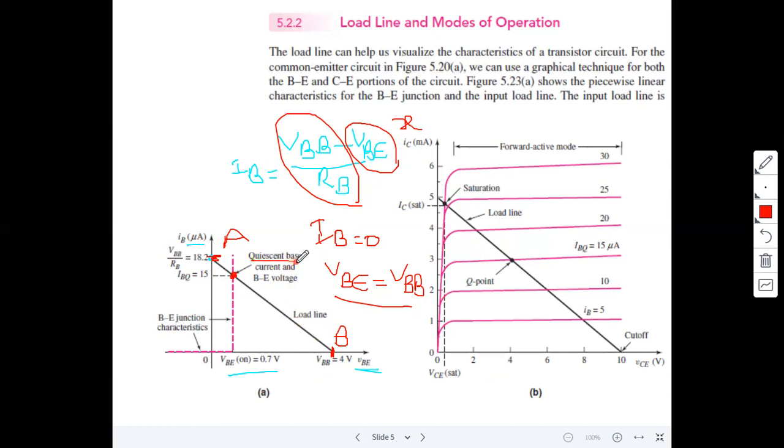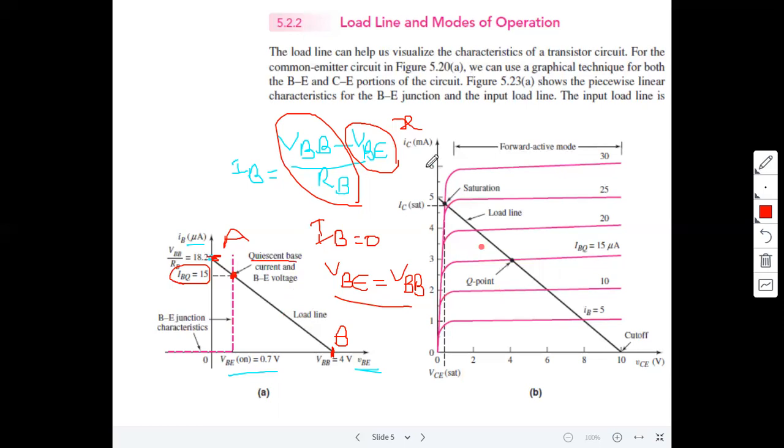Observe, the quiescent point intersects exactly at the IB value. Previously we calculated IB is equal to 15 microamperes. Okay, this is the DC load line at the input side, because generally the load line is plotted at the output.